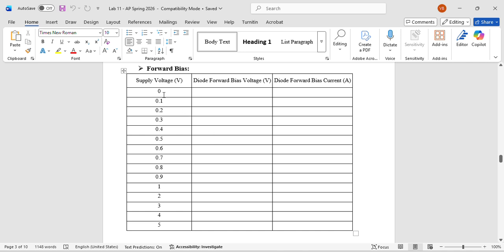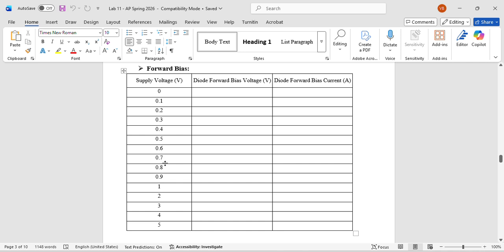So we have to start the supply voltage from 0, slightly increasing by 0.1 volt till 1, then 2, 3, 4, 5. We will observe that in case of a silicon diode, it will not conduct, or it will conduct in a very small amount before 0.7.